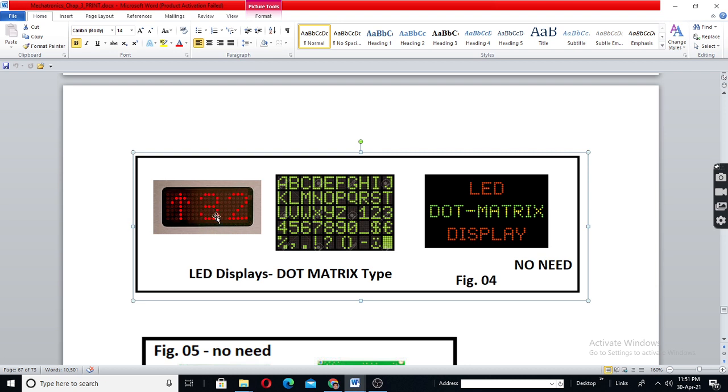For each and every pin there will be a separate coil, so that when that particular coil is energized, that particular pin will strike here, making a mark of dot. This is in the form of a 5 by 7 matrix, hence called a dot matrix printer.